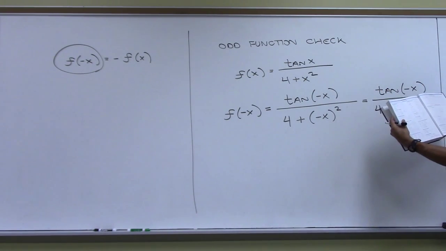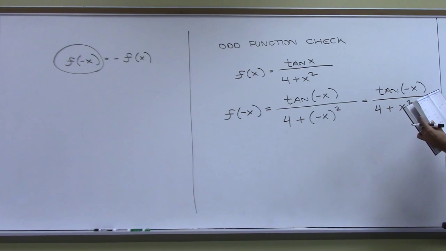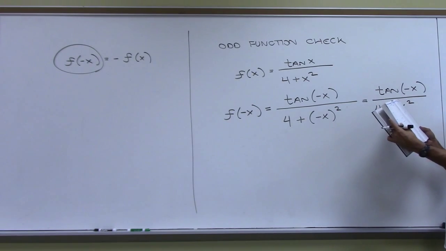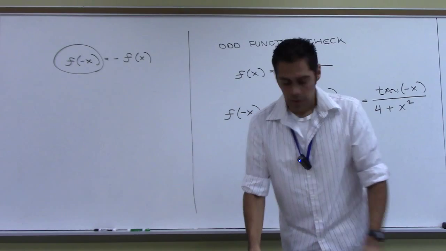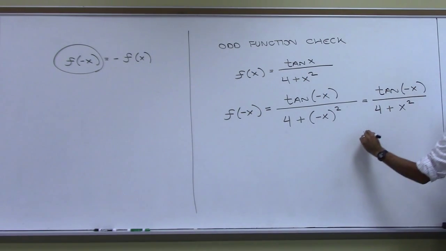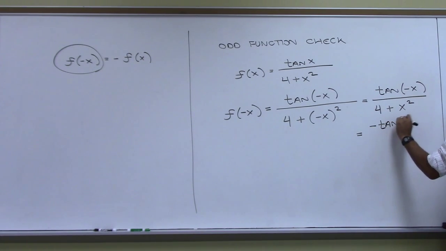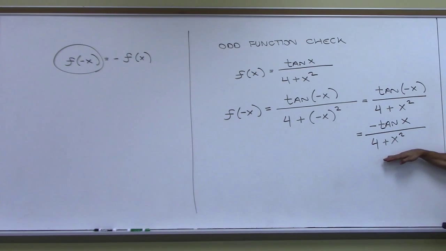In reference page 2, fundamental identities from pre-cal, tangent of negative theta equals negative tangent theta. Y'all see that? So I know that I could rewrite this as negative tangent x over 4 plus x squared. That's what I get when I plug a negative into this function, right?